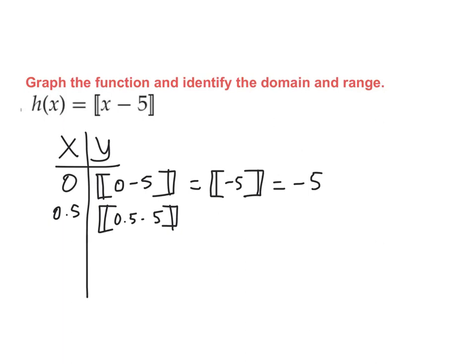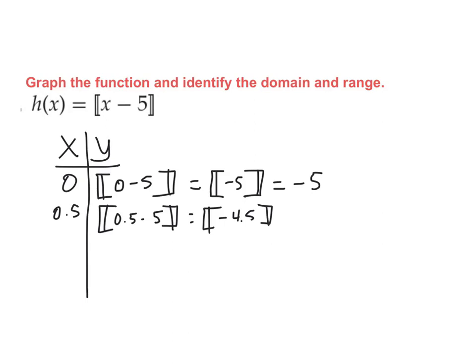Because 0.5 minus 5, what's 0.5 minus 5? Negative 4.5. So what this will do, it's going to convert that into the next smallest integer. It will never make it bigger. So what is the closest smallest integer to negative 4.5?